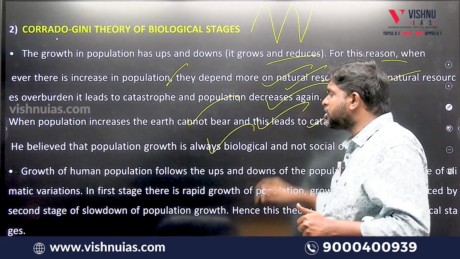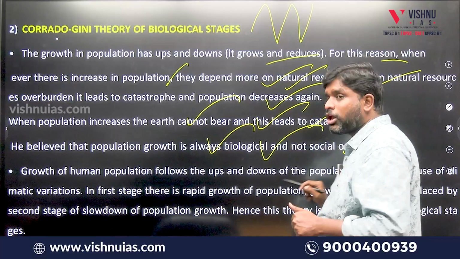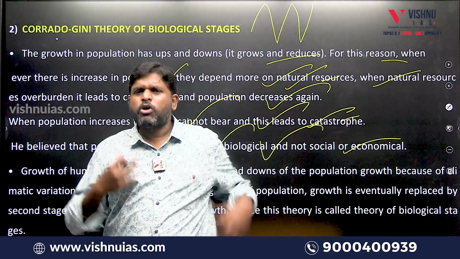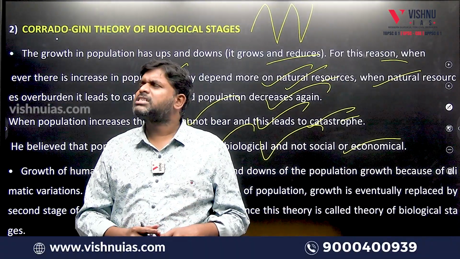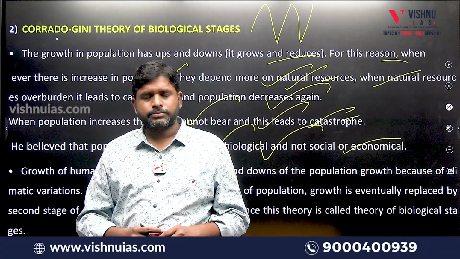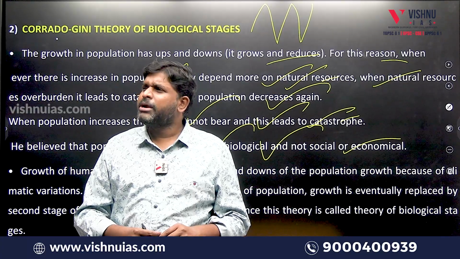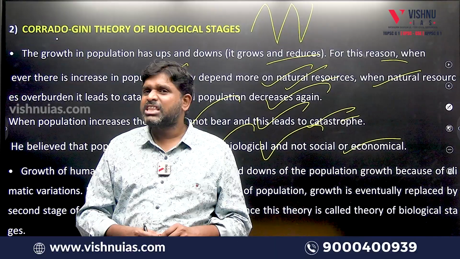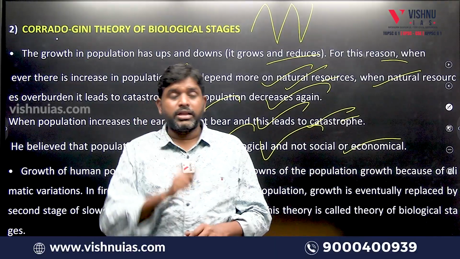He believed that population growth is always biological and not social. We want food, we want our survival. For that survival, we depend upon nature. When we over-depend, nature cannot sustain the demand. When nature cannot sustain the demand, nature will reciprocate.